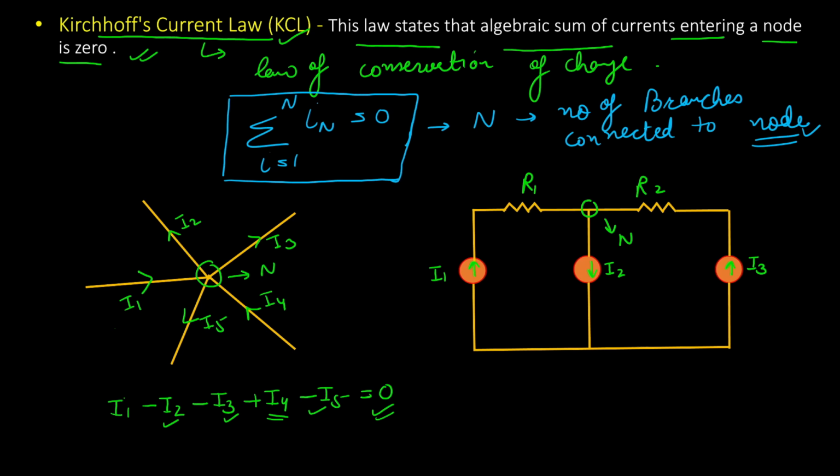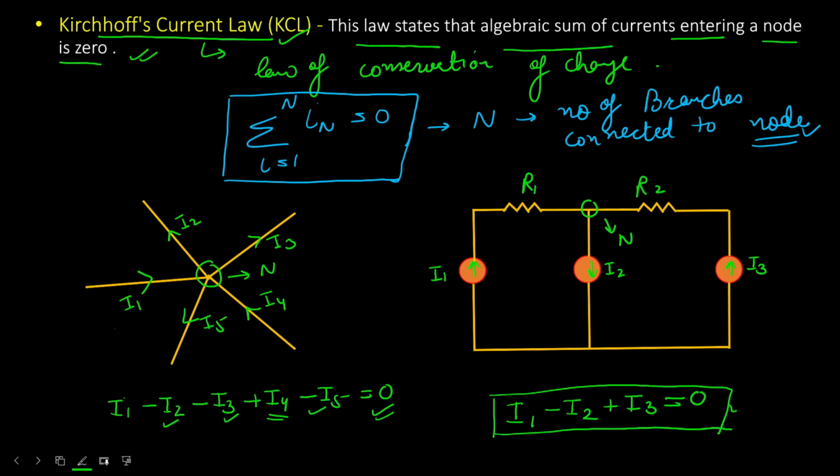So according to KCL, we can say I1 minus I2 plus I3 will be equal to 0. I hope it is clear how we can apply KCL on a particular electrical circuit.